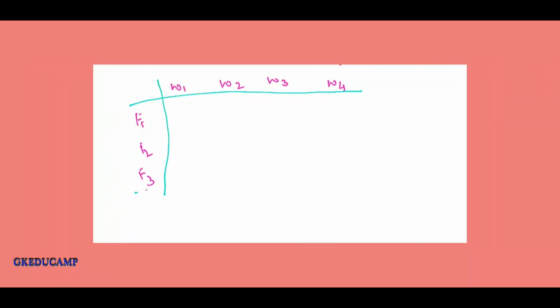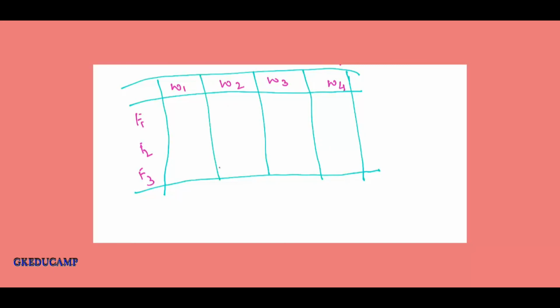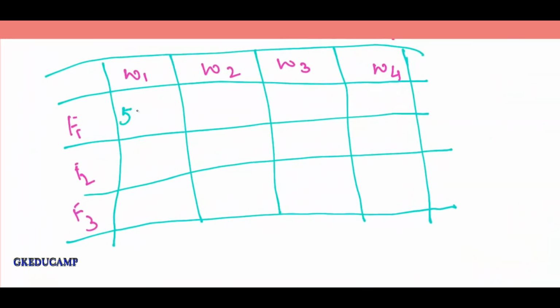The total cost of Vogel's method you will get: 5 into 19, 8 into 8, 7 into 40, 2 into 10, 2 into 60, 10 into 20.